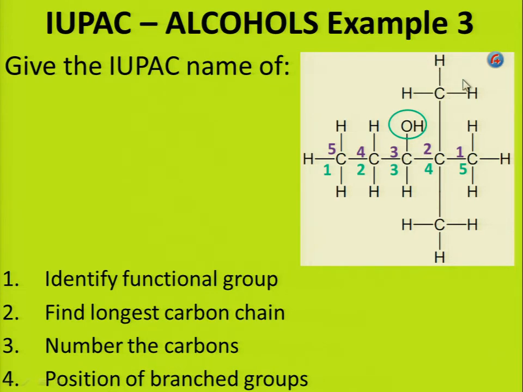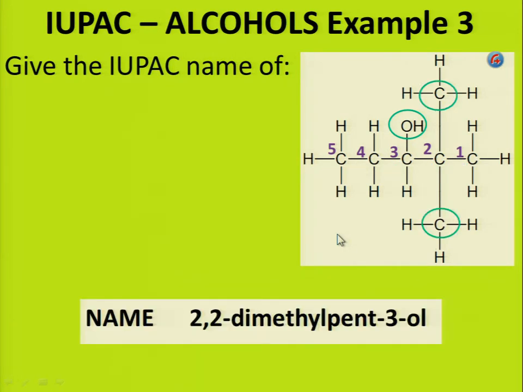Therefore, your substituents need to decide if it is better at the purple numbers at carbon 2, or for the green numbers at carbon 4. You have to choose the purple numbers, because then the methyl substituents are at carbon 2. So 2,2-dimethyl pent 3-ol. 2,2-dimethyl because there's 2 methyls at carbon 2, pent for 5 carbons, and then your ol OH group at carbon 3.